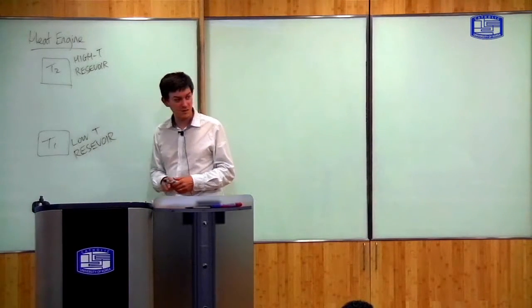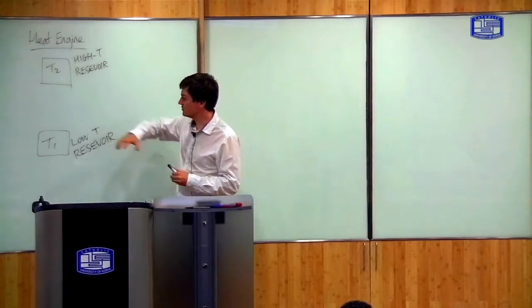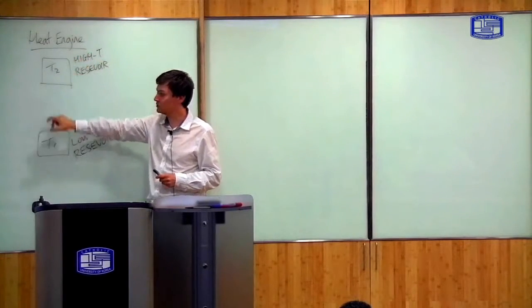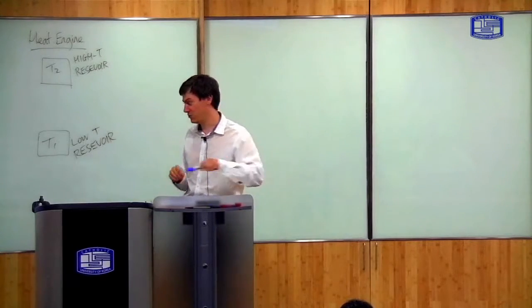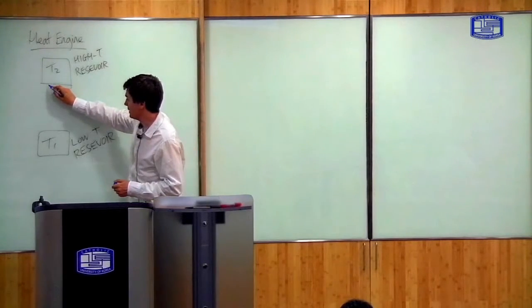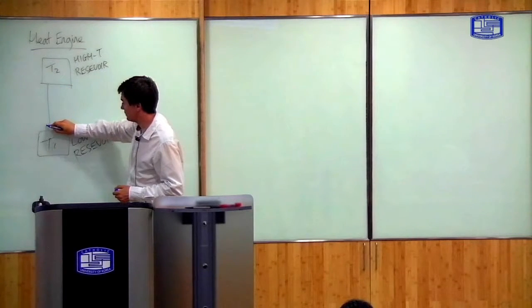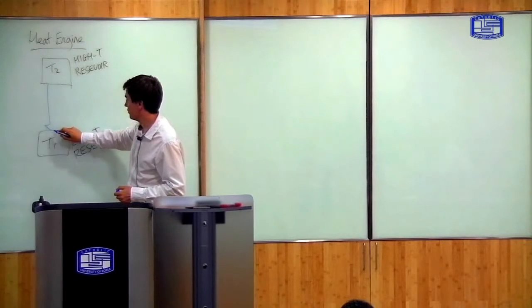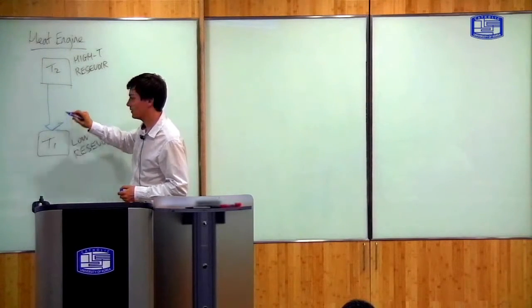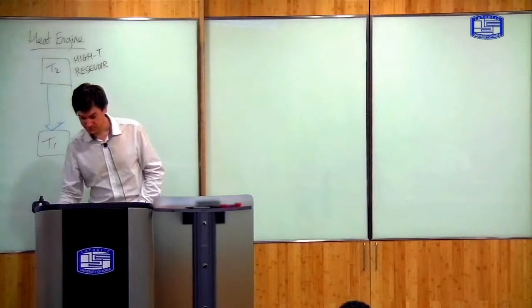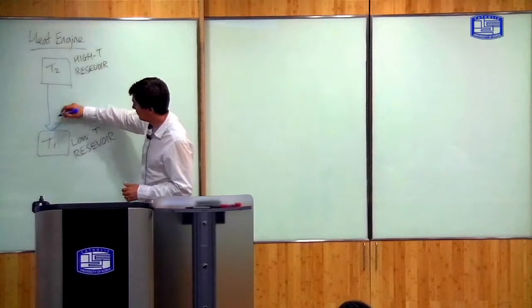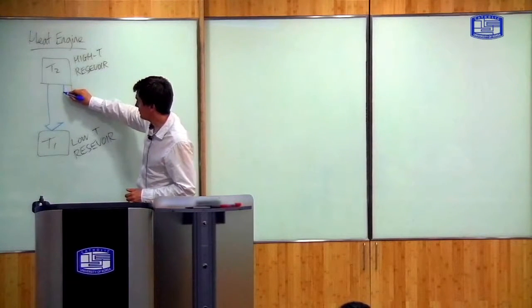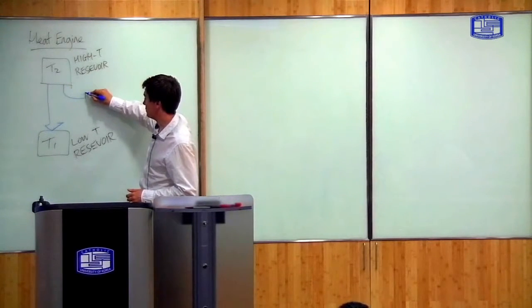And what the engine does is it uses the flow of heat from hot to cold in order to produce work. So again, schematically, we can draw this in the following way. Here's the heat coming out of there. It flows down to the low temperature reservoir. But some of the heat which flows out is able to be converted into useful work.